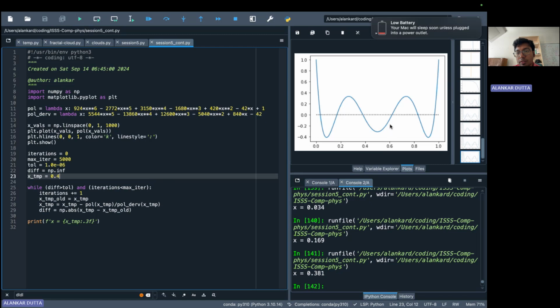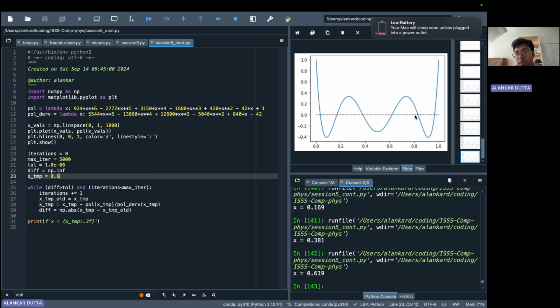Then let's try 0.6, which I think is a bit more than 0.6 for the next root. 0.619, got the second root.